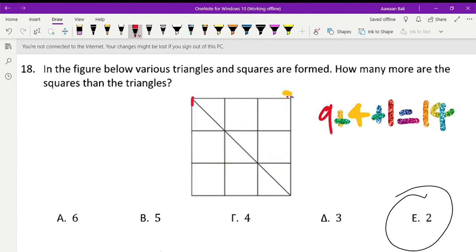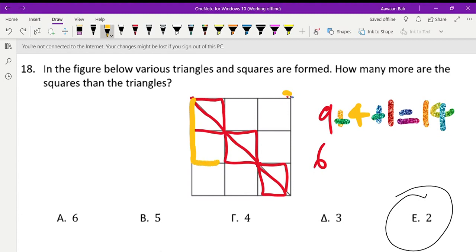So first the 1 segment ones. These are easy. 1, 2, 3, 4, 5, 6. So there's 6 of them. Now we have the 3 segment triangles. These are where it gets a bit bigger.